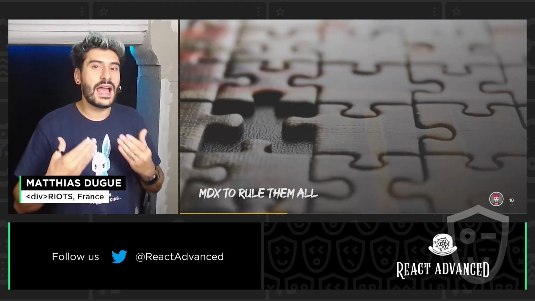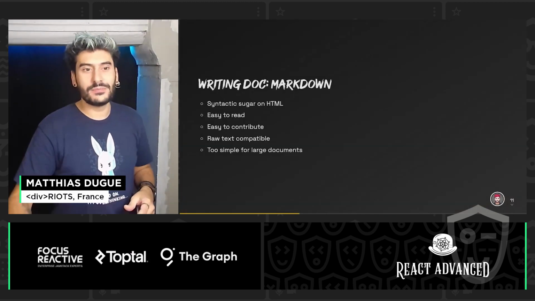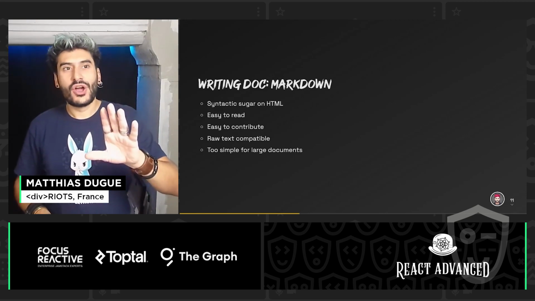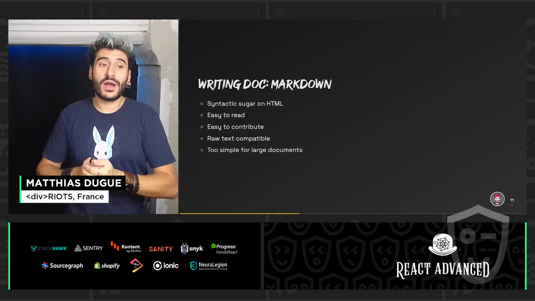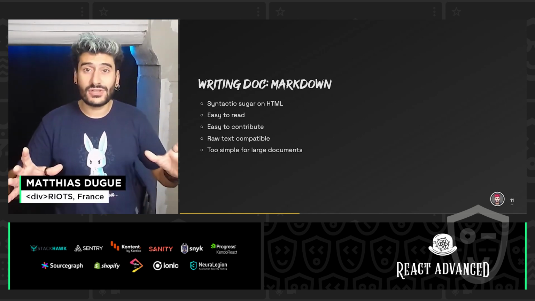This is the answer brought by the MDX environment. So MDX is Markdown, but a glorified Markdown. When writing your docs right now, you are probably using Markdown. This is just syntactic sugar over HTML.